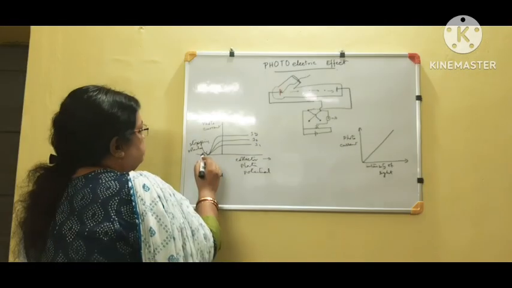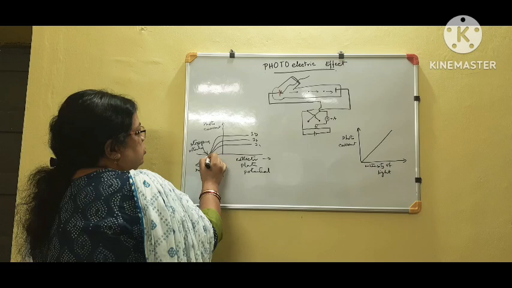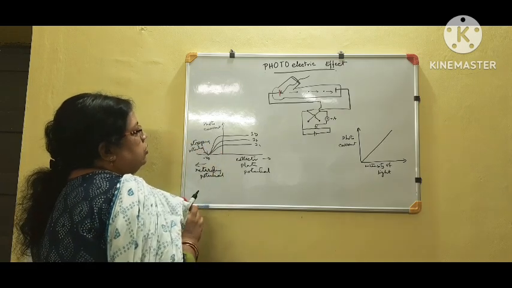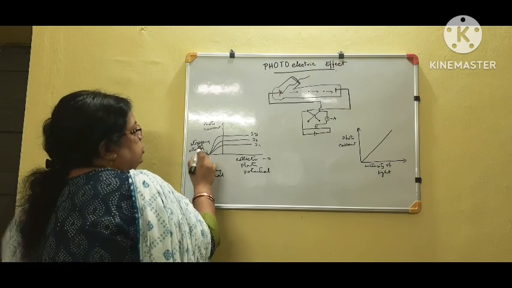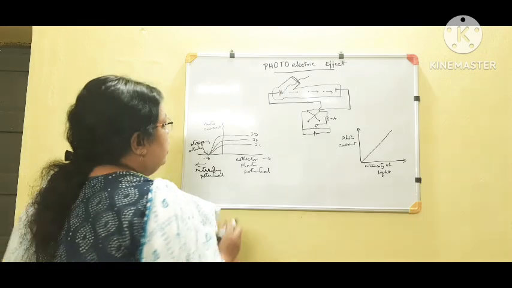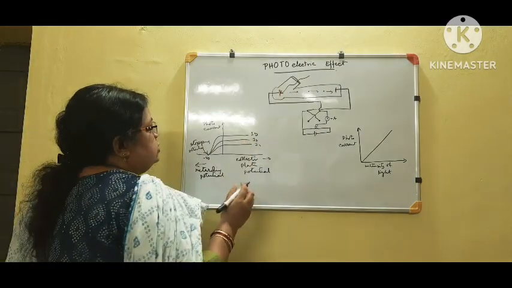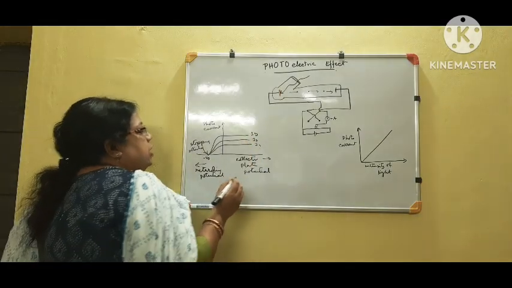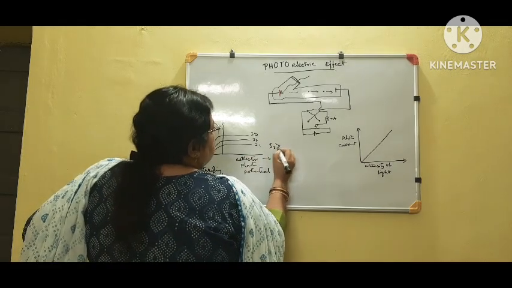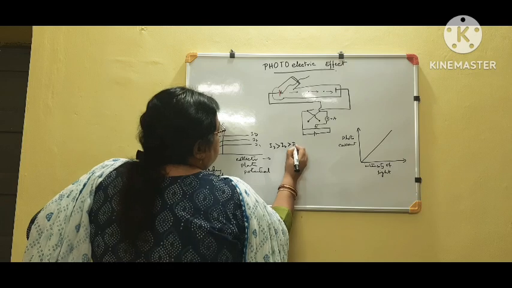That amount of negative potential on the plate is called the stopping potential. Here I1, I2, I3 are the intensities of the incident light, with I3 greater than I2 greater than I1.